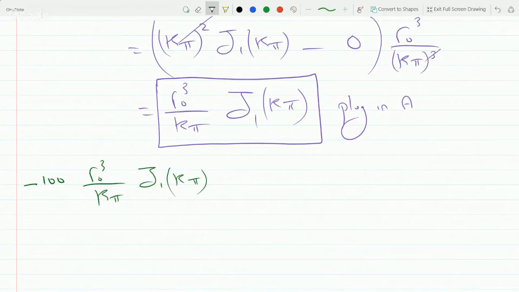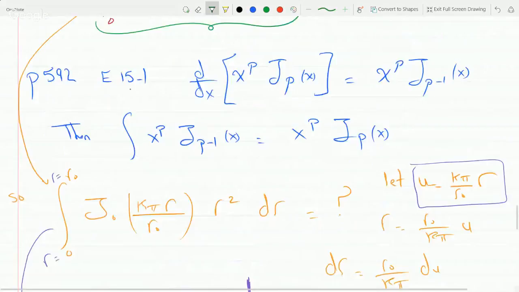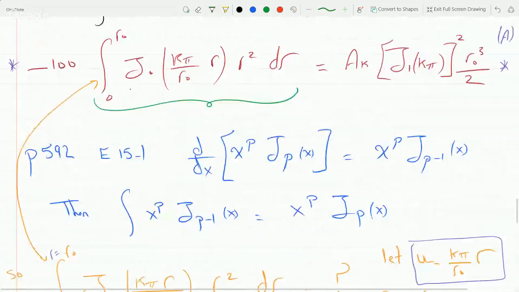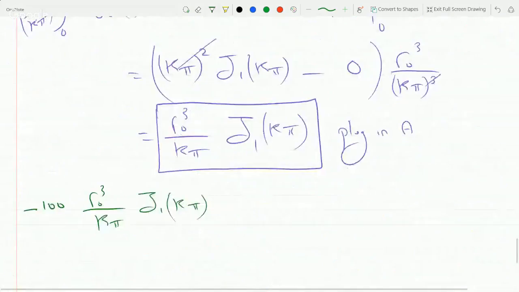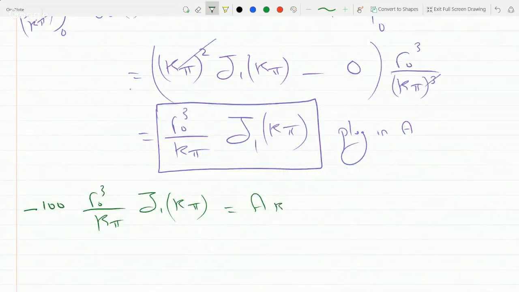This is the left hand side, and this has to equal a_k times j1 of k pi all squared times r0 cubed over 2.